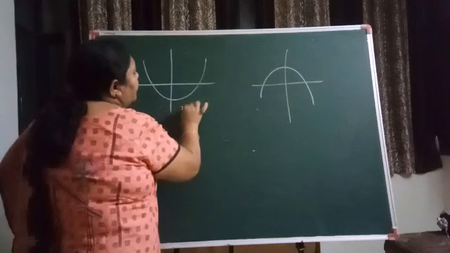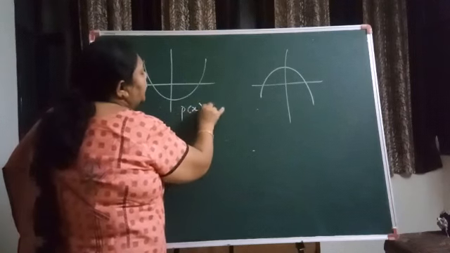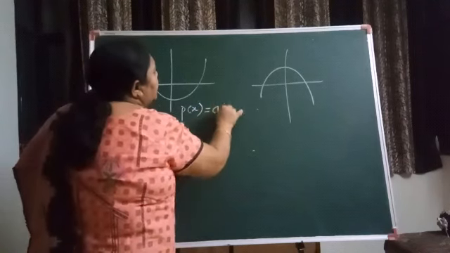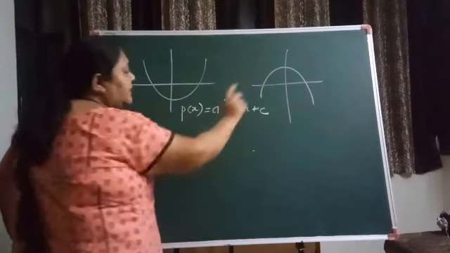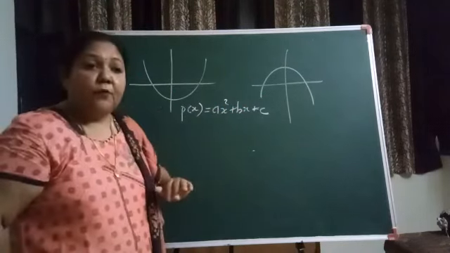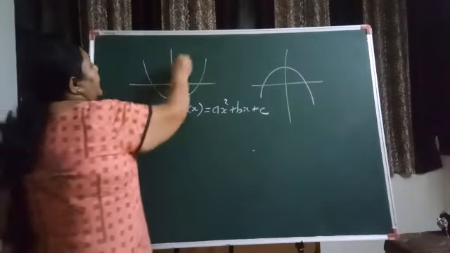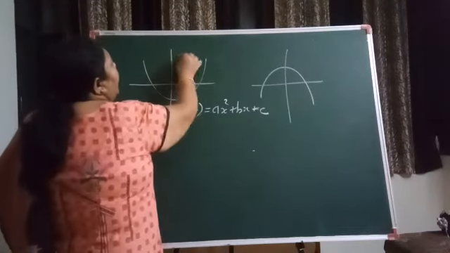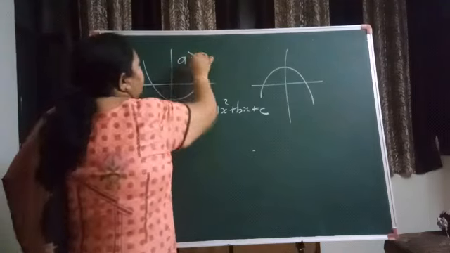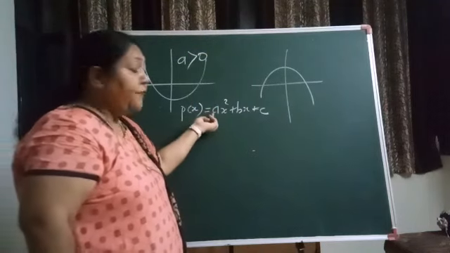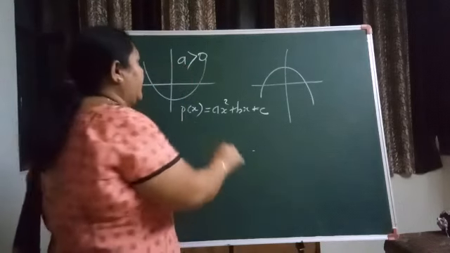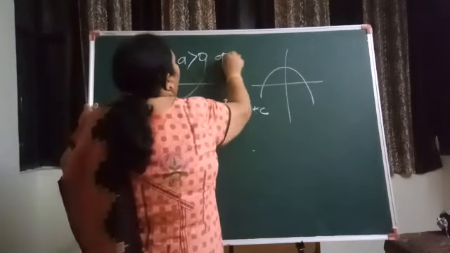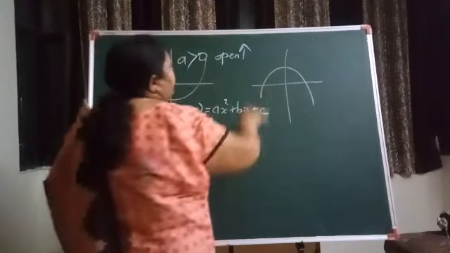Now this depends upon your expression, p of x is equal to ax square plus bx plus c. This is the general quadratic form. Here, if your a is positive, that is, the coefficient of x square is a positive term, then it will open upwards.